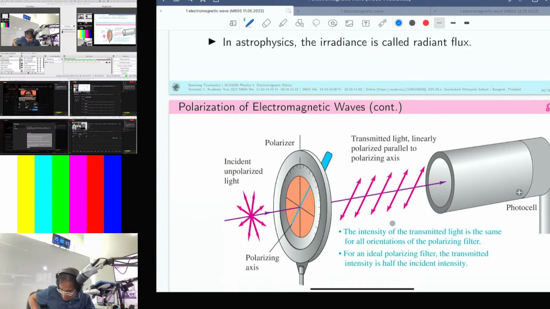One thing you need to know from this figure is, if you start from unpolarized light, when the light hits the filter, only a single orientation of the light will be allowed to go further, and they found that the intensity after the filter will be half the incident intensity.